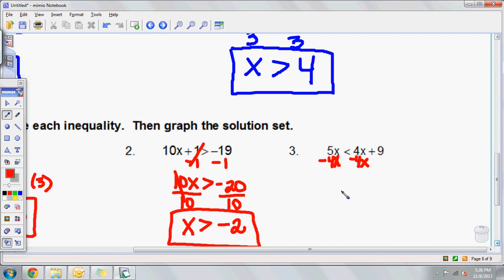So we're going to subtract that 4x. So now I'm left with 1x is less than 9. We could divide by 1 on both sides, but we know that this is the same thing as x is less than 9. So sometimes you might have variables on both sides that you have to solve for.